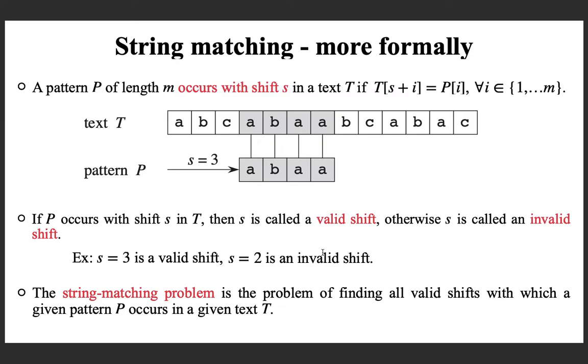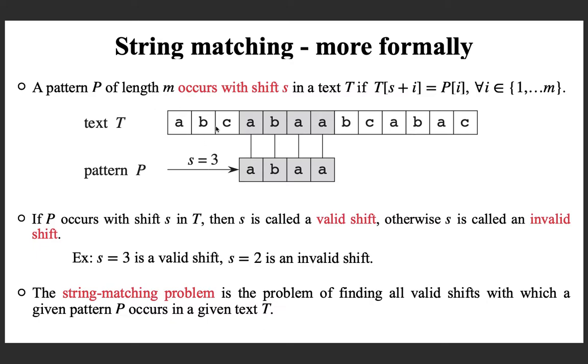And now you can formally define string matching as the problem of finding all valid shifts with which a given pattern P occurs in a given text T. For example, here there is a valid shift of 3.